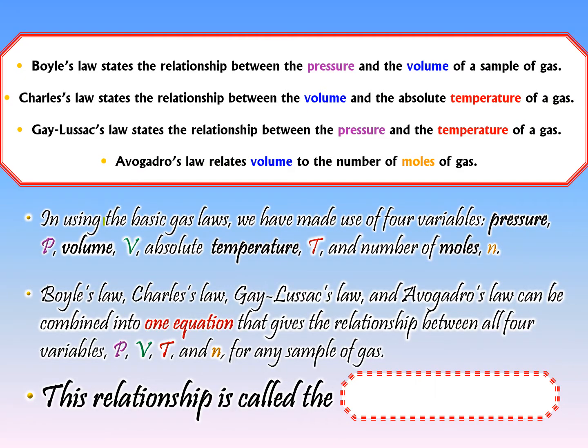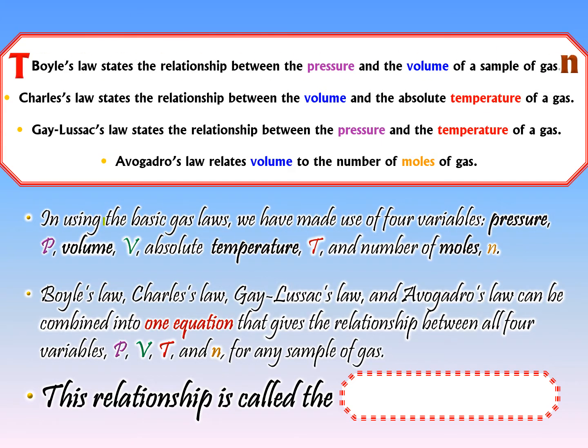Each of the gas laws we've looked at so far just shows a relationship between 2 of the properties that you can measure for a gas. But in doing so, they often leave things out. For example, Boyle's law states that there's an inverse relationship between the pressure and the volume of a gas, but that only works if you leave out temperature and moles.